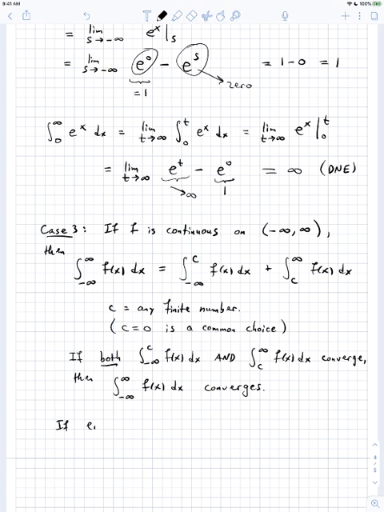If either diverges, then the doubly infinite integral from minus infinity to infinity of f of x dx diverges.